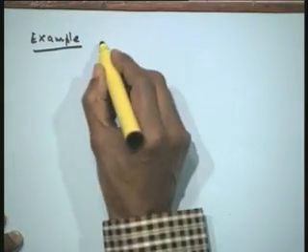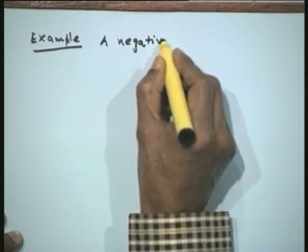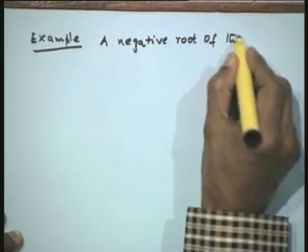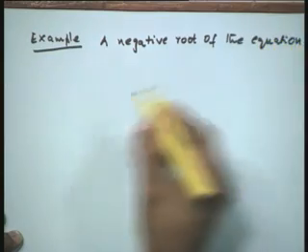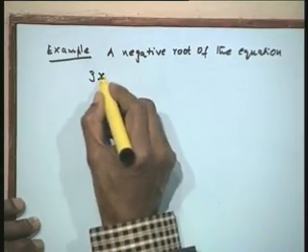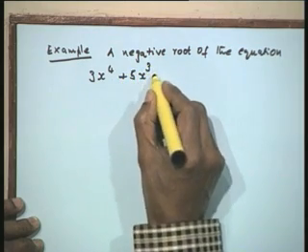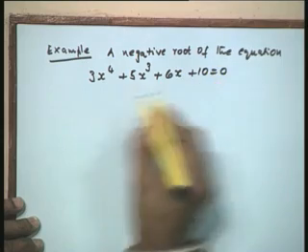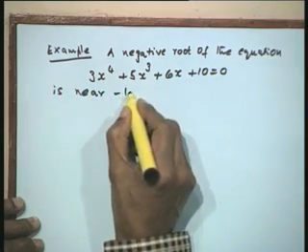Now I want to find a negative root of the equation 3x to the power of 4 plus 5x cubed plus 6x plus 10 equal to 0, which is near minus 1.9.